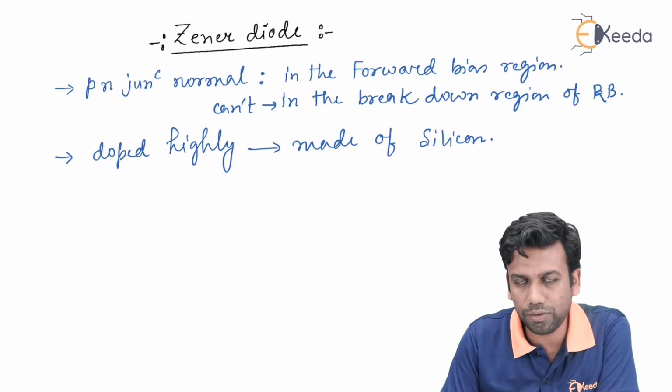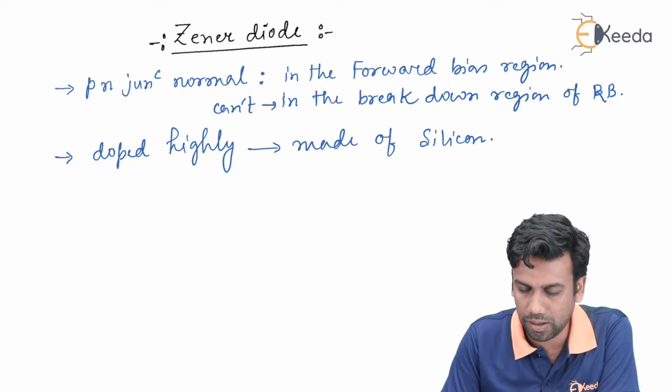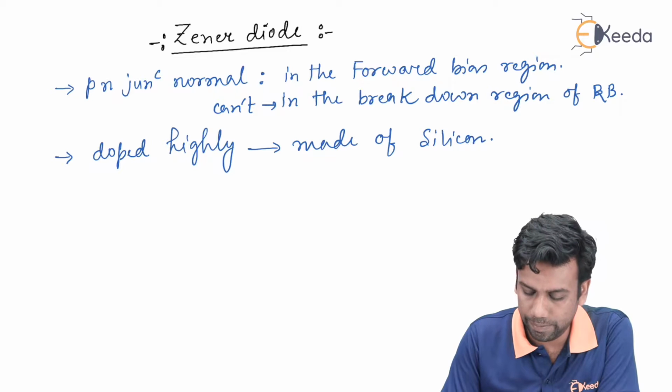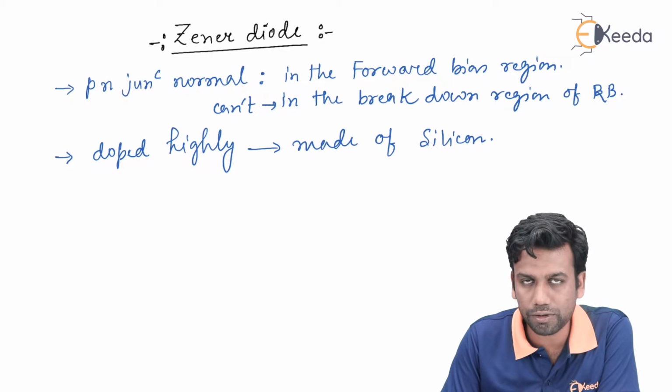So a large amount of heat will be produced, and we know that silicon is best for operating at higher temperatures. That is why Zener diodes are built from silicon material.